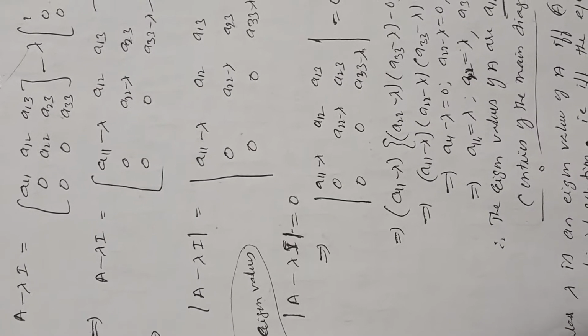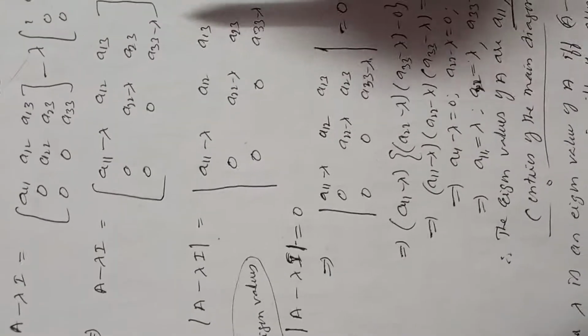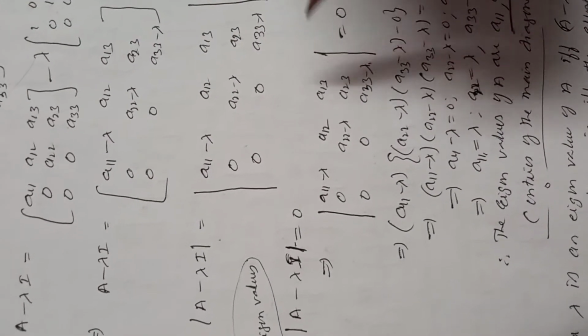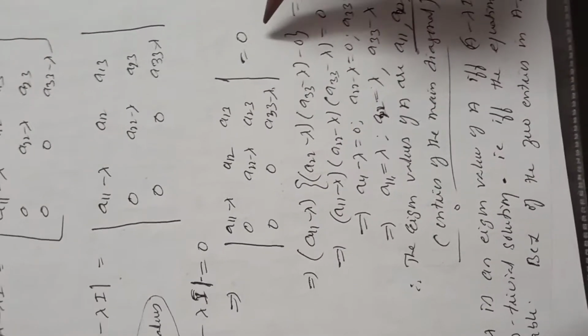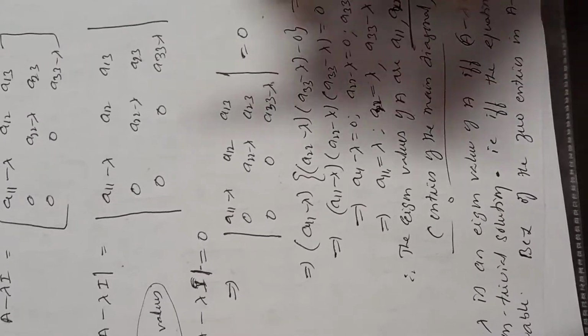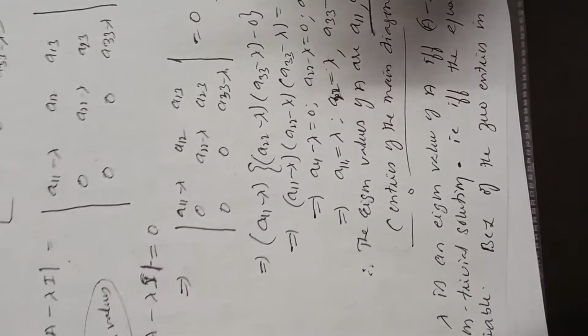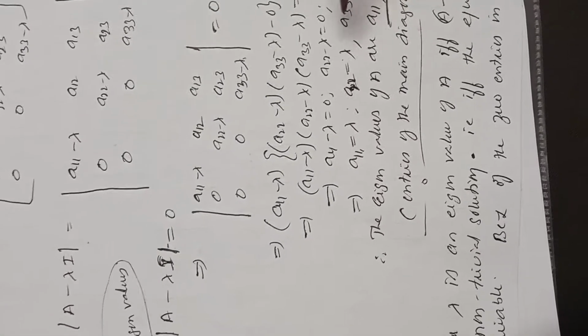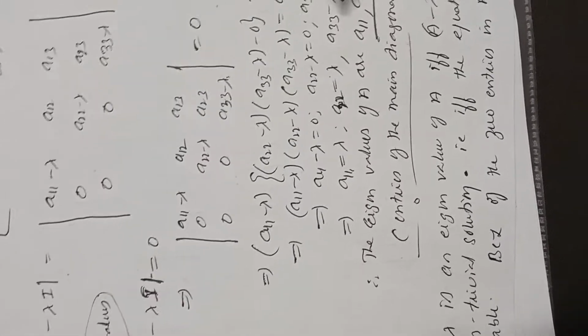To get the eigenvalues, what do I have to do? We have to equate the determinant of A minus lambda I to 0. Now we find the determinant and equate it to 0. Now we will get a cubic equation, right? By solving the cubic equation, we get the lambda values as a11, a22, a33.